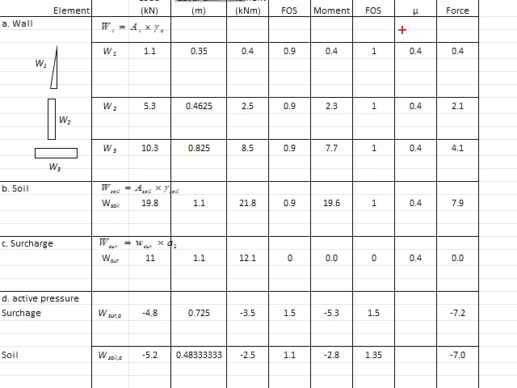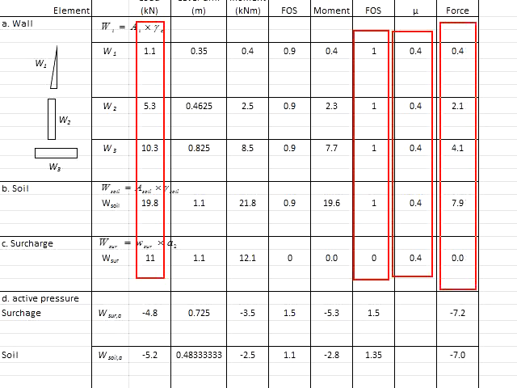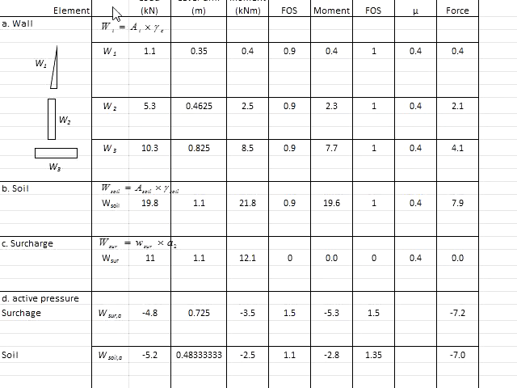The vertical loads are to be converted into frictional force by using the coefficient of friction, which is given as 0.4 in the question. The forces here are multiplied with the factor of safety and the coefficient of friction to obtain the frictional force here. As for the force caused by the active pressure, it is non-favorable.